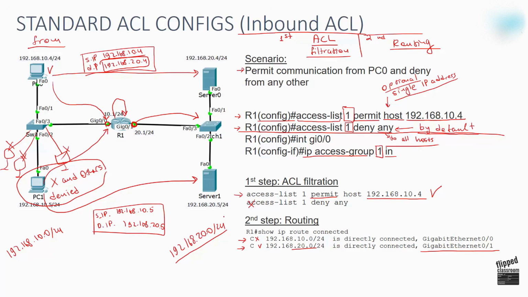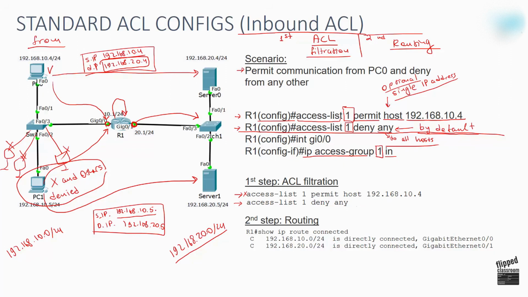So when the packet comes into the router, the first job of the router is making the ACL filtration, because we configured an inbound ACL. Our source IP address here is host 10.4, but our source IP address is 10.5. Then this rule is not satisfied by our source IP address, and it looks at the next rule, which says deny any, excluding all IP addresses excluding this one.